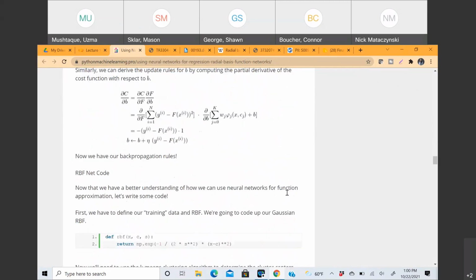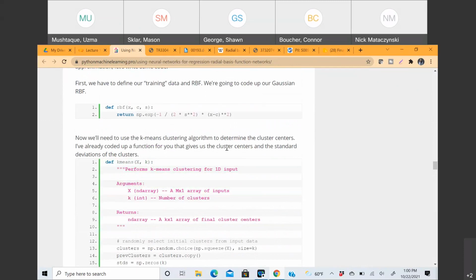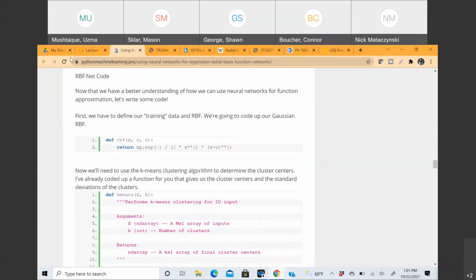This one actually gives you, beginning from k-means clustering, how you determine the centroids, and then using those, how you can train your network. So this is a good implementation. If you're interested, or if you're using it in your project in any way, you can jump to this one and look at their code at least.